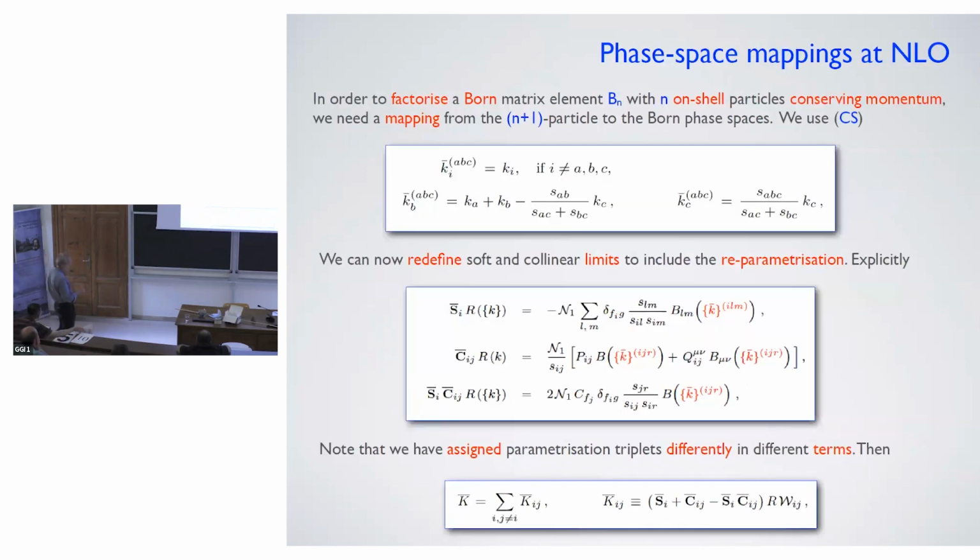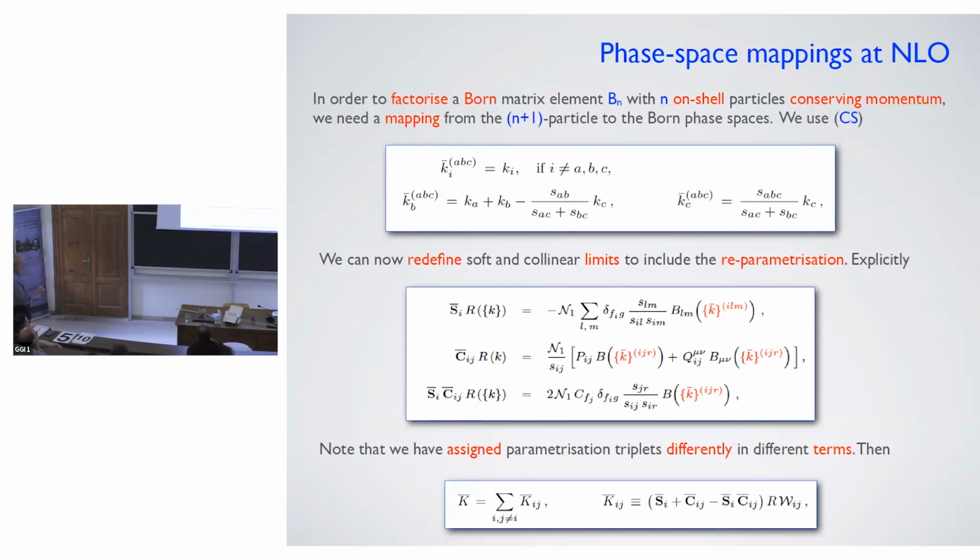The other thing that you have to do is do this remapping at next to leading order. You can use Catani-Seymour, and then you see what is happening. Here I'm calling them bar limits. I will then not have the bars anymore, but now the Born matrix element is really in an n-particle phase space, and all the variables that you have to integrate over are sitting outside.